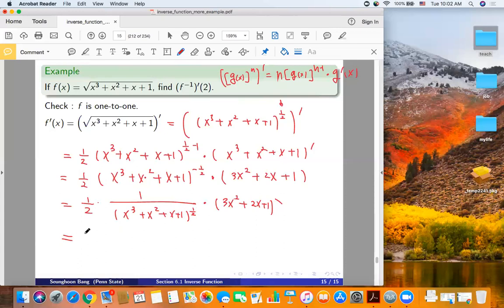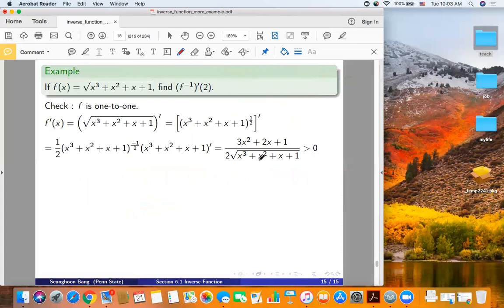You can change it to the radical form again. The numerator is 3x squared plus 2x plus 1, over 2 times the square root of x cubed plus x squared plus x plus 1.